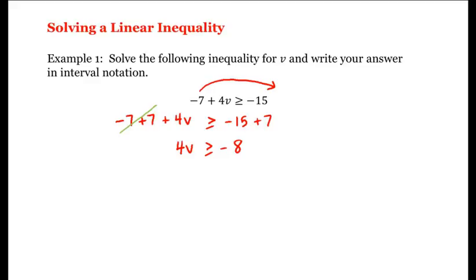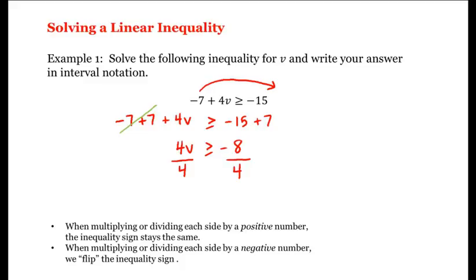Now let's divide both sides by 4, which is exactly the point we need to be careful. This is where the difference between inequalities and equalities comes up. If this number 4 would have been a negative number, we would have had to flip or reverse the direction of that inequality.